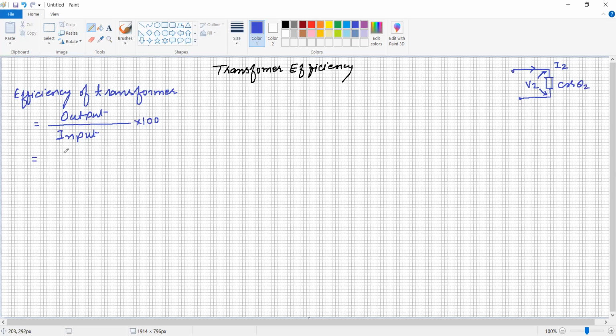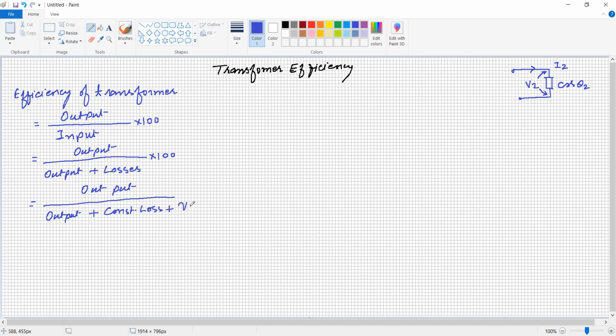So efficiency is equal to output divided by output plus losses, into 100. And what are the different types of losses? There are two types of losses. One is the constant loss, which is called the iron loss, and the other is the variable loss. So output divided by output plus constant loss plus variable loss.